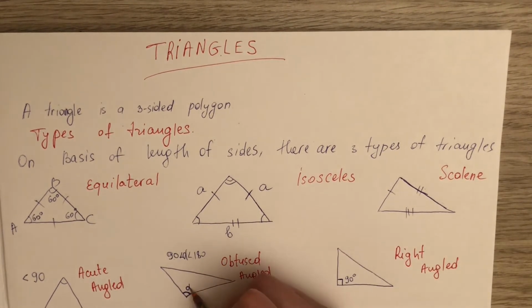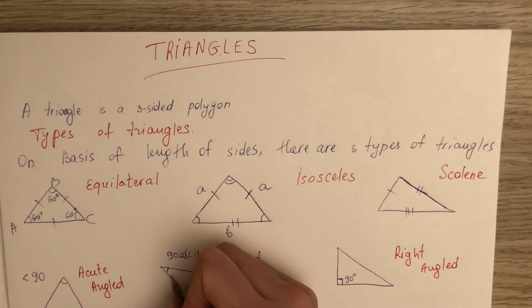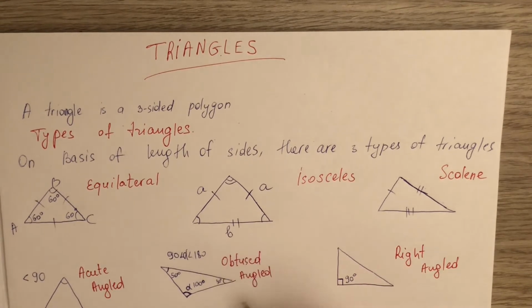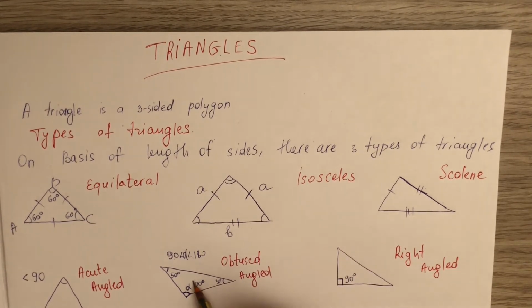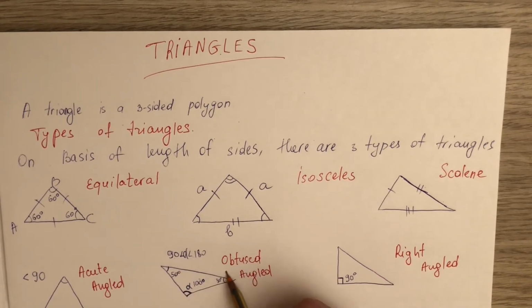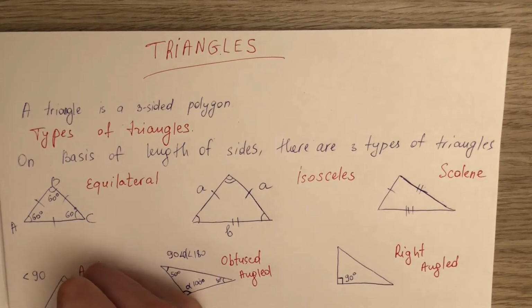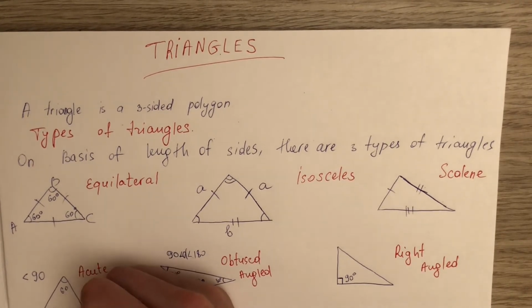For example, this may be 100 degrees, this 50 degrees, this 30 degrees. Of course, these angles are not certain degrees, okay? They may be 120, 30 and 30 degrees, or here, if this is 50, this is, for example, 60, and this is 70 degrees.